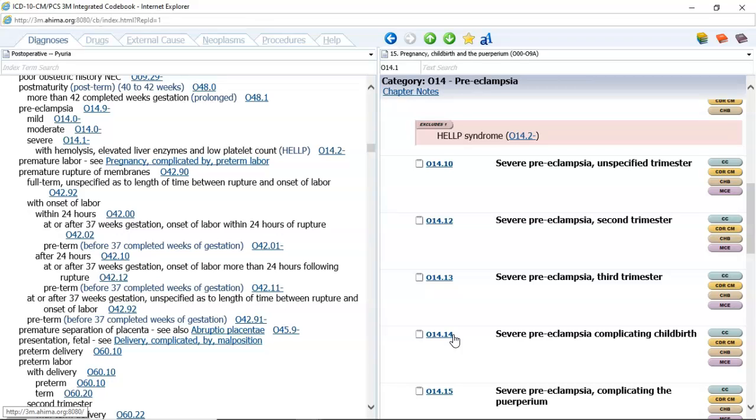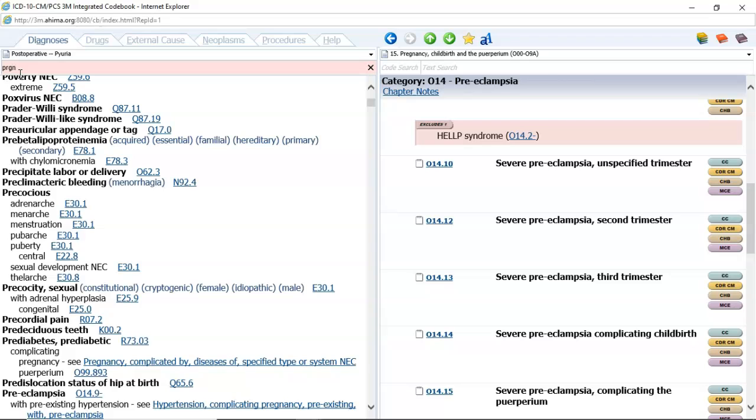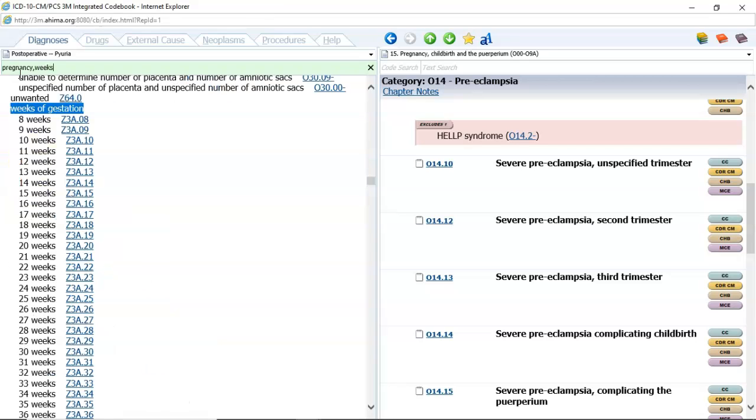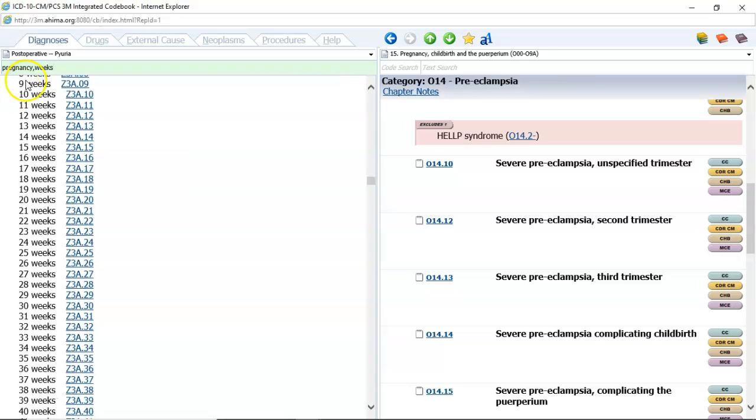Now, she was 36 weeks gestation, so we would assign the code Z3A.36 for her weeks gestation. So we see 36.